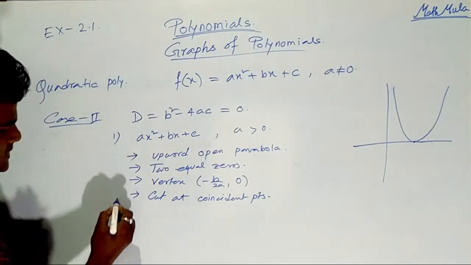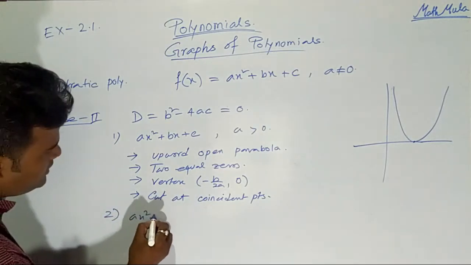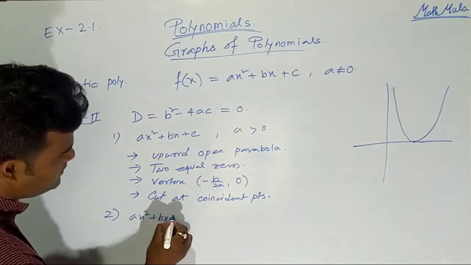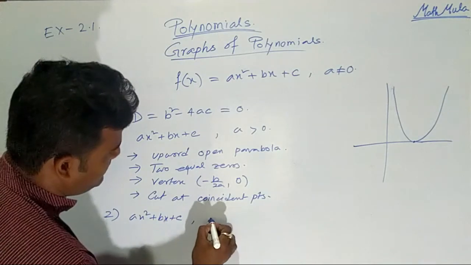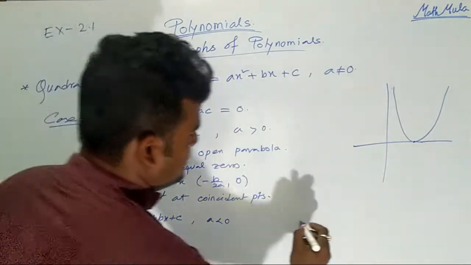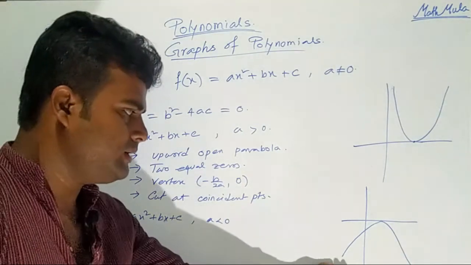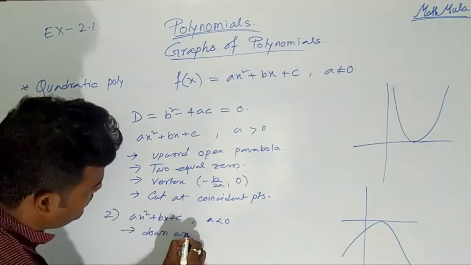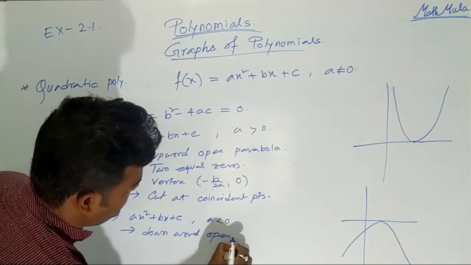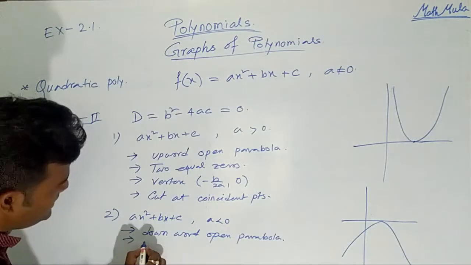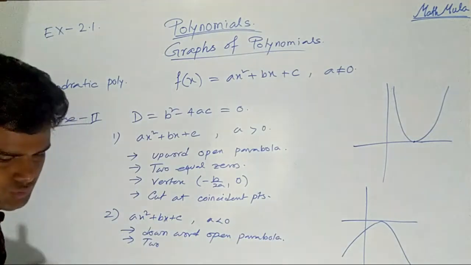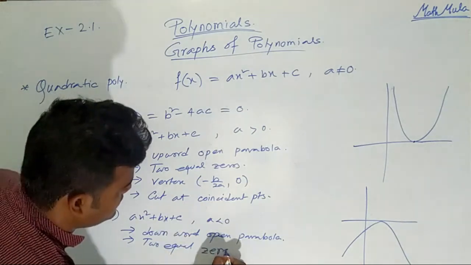Now for the second type, ax square plus bx plus c, when a is less than 0, then the curve will be like this. That means a downward open parabola. And second, it has two equal zeros.